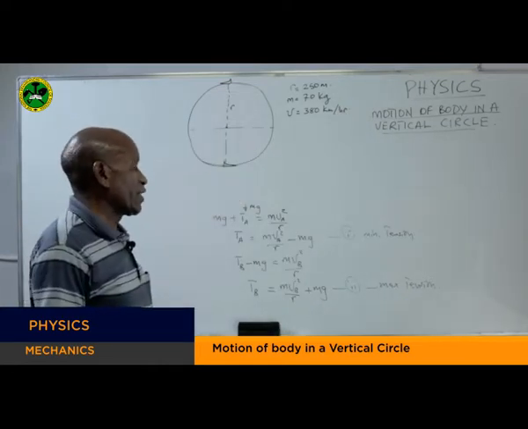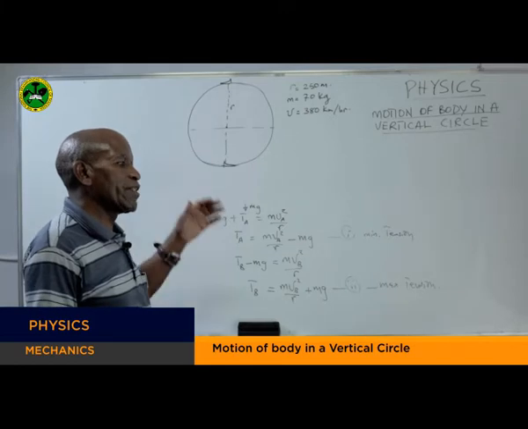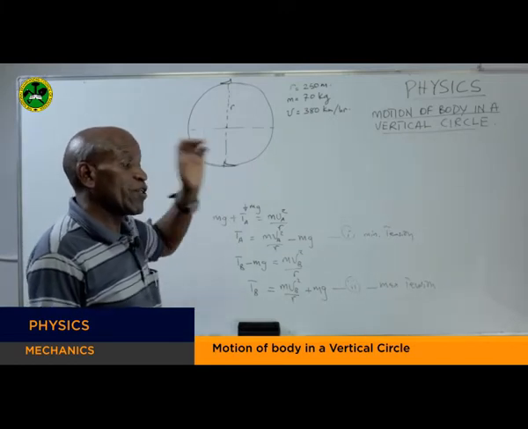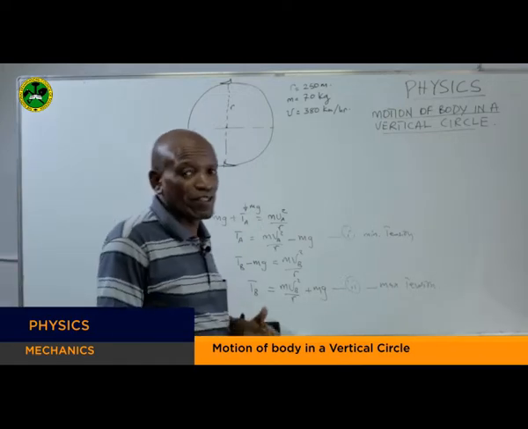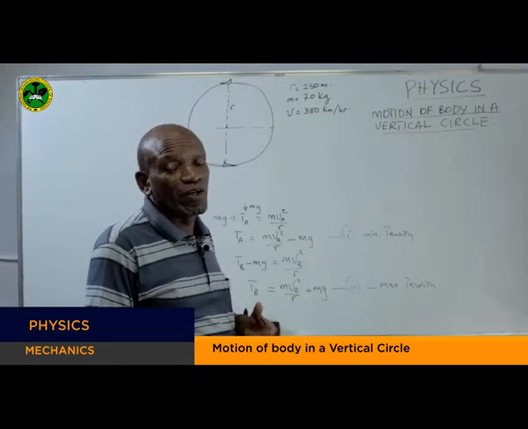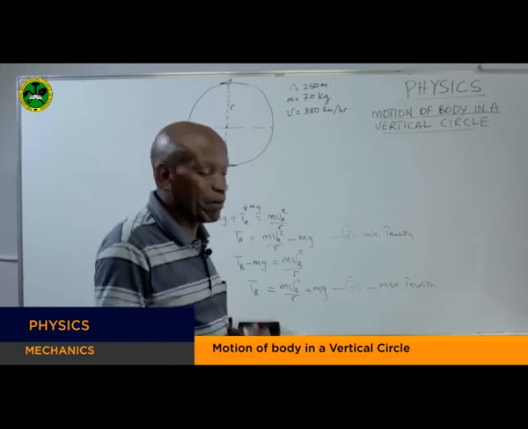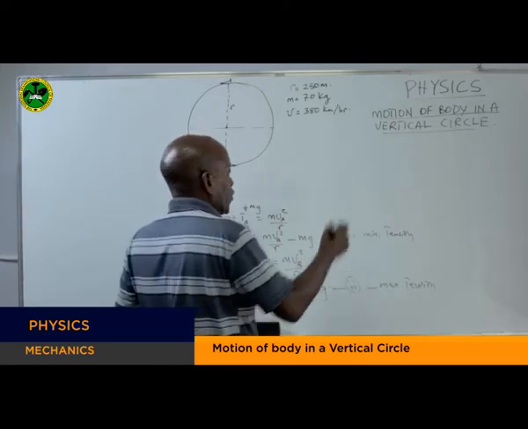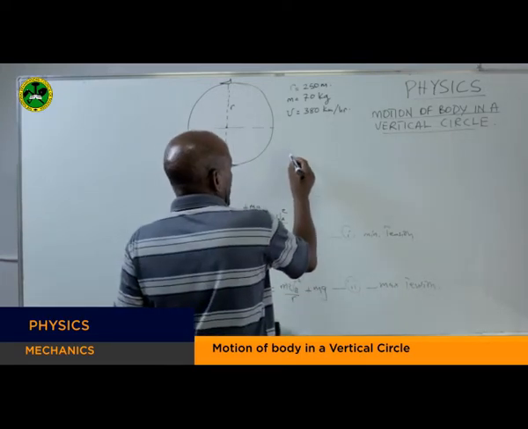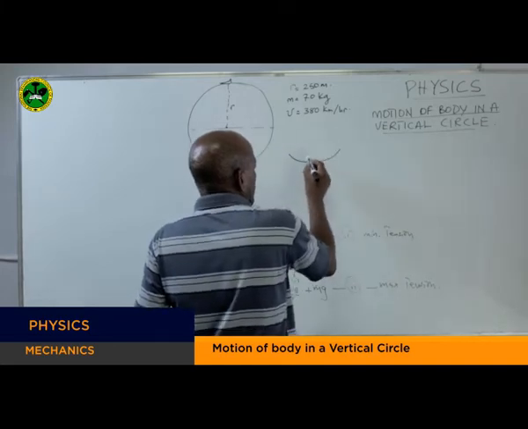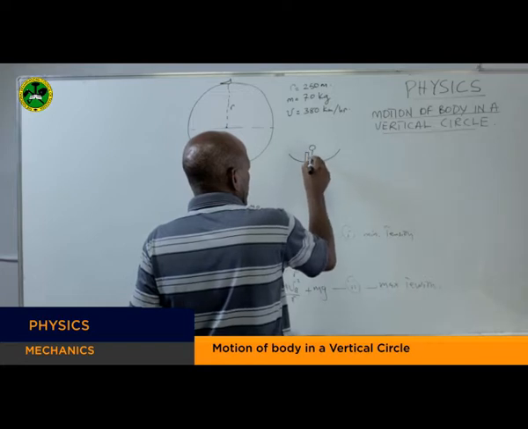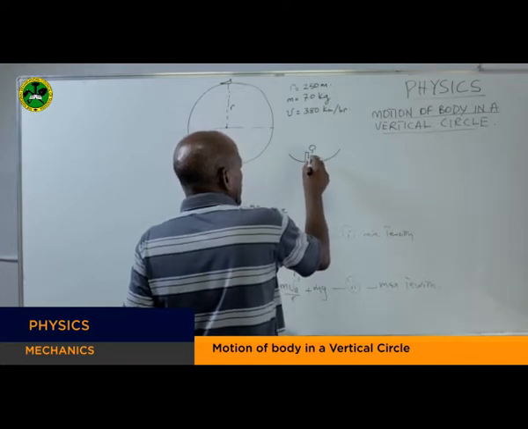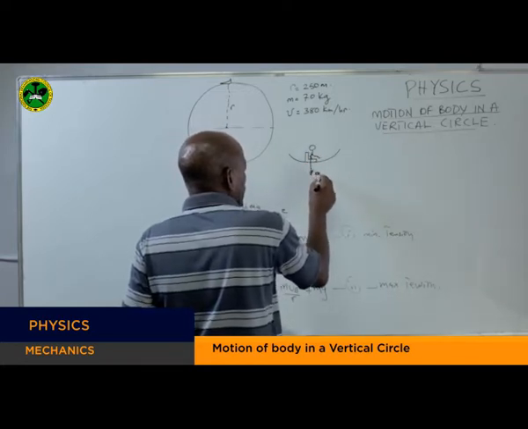So we need to calculate the force exerted by a seat on a pilot. This is the reaction force that particular pilot will be feeling whenever he is looping a loop, moving around a circle. It means that if we take this to be the pilot seat, his weight will be acting downward there, which is mg.